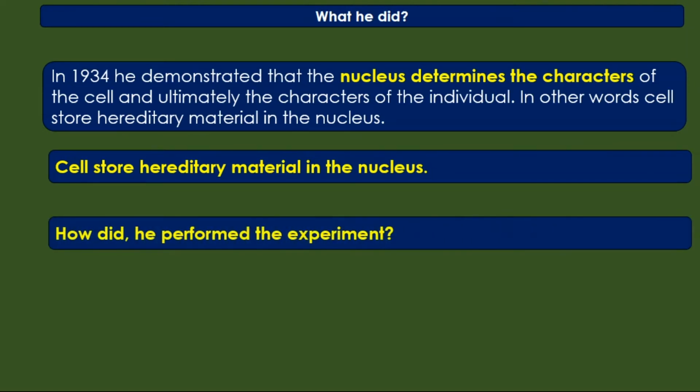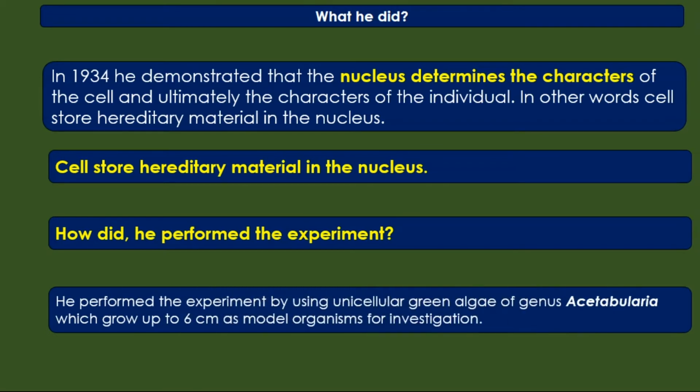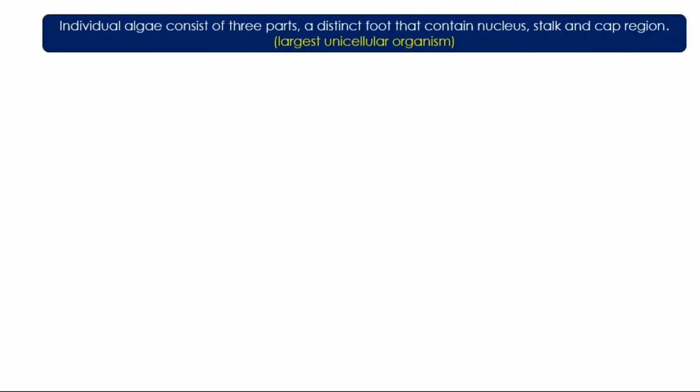So how did he perform the experiment? He performed the experiment by using the unicellular green alga of genus Acetabularia, which grows up to 6 cm, as the model organism of investigation. An individual alga consists of 3 parts: a distinct foot that contains the nucleus, a stalk, and the cap region.